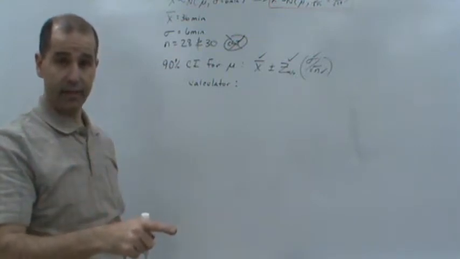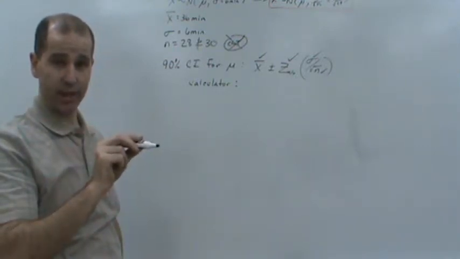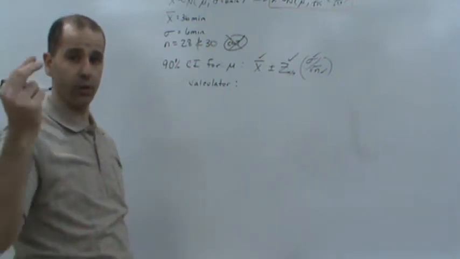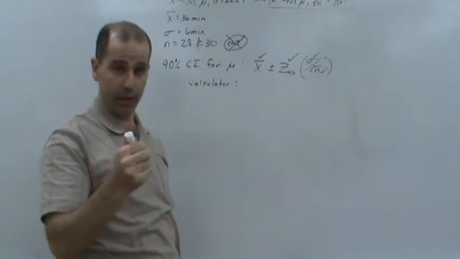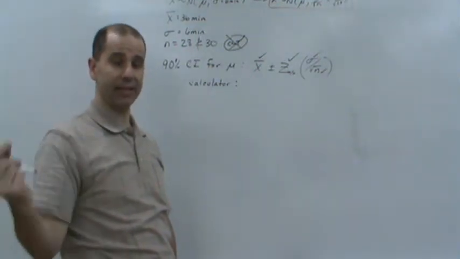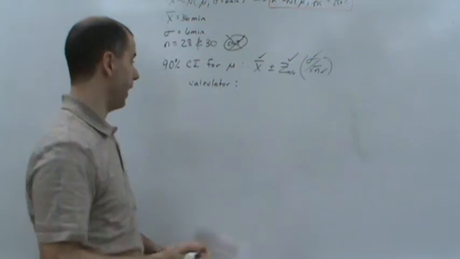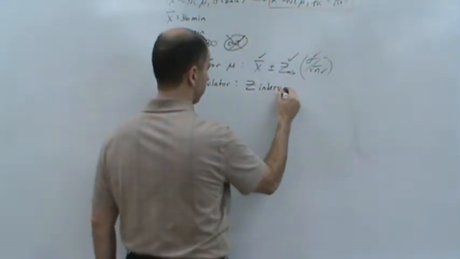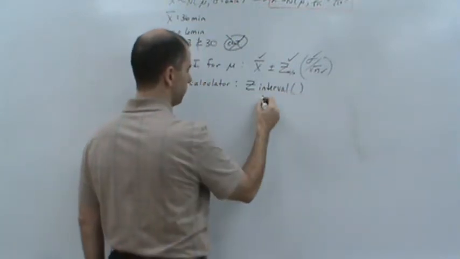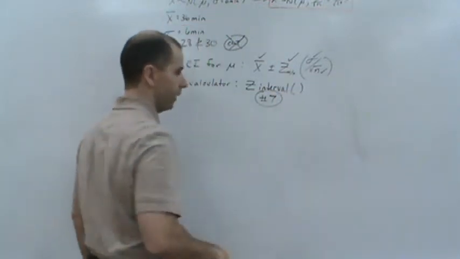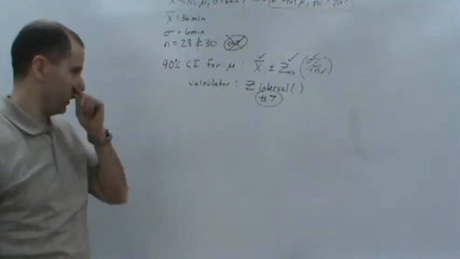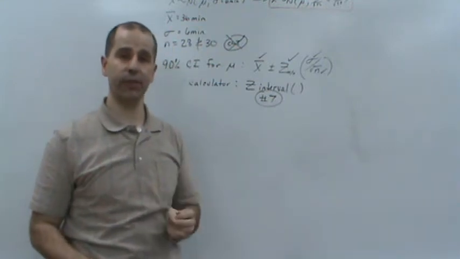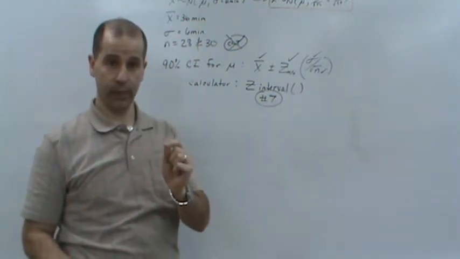So you press stat on your calculator, and then you're going to use the menu tests. So now you're using the third menu. So you have the edit menu, the calc menu, and now the test menu. So under tests, you'll find this function, z interval, and I believe it's number 7 on the menu, okay? So this is the function you will use to construct a confidence interval for mu, okay?